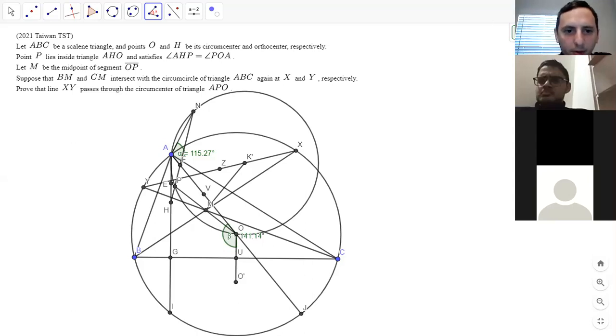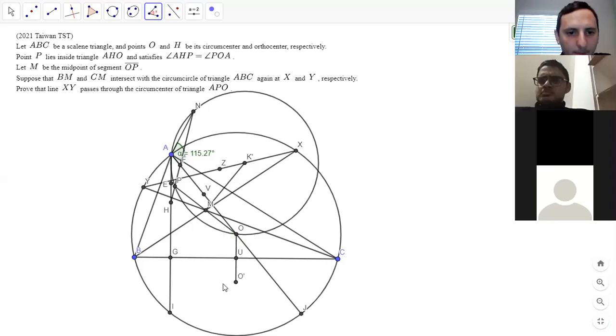So that's 141 degrees. Let's try this. It's 116. Maybe let's see HOO prime. It's so close, but it doesn't equal. I'm not sure how useful this would be.